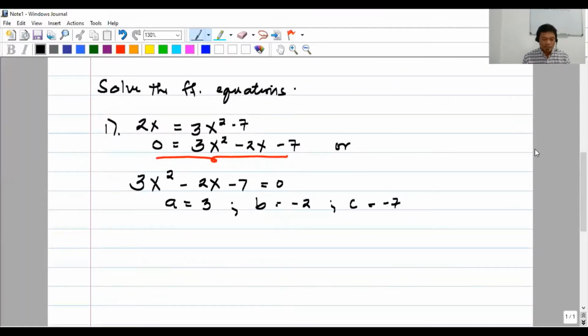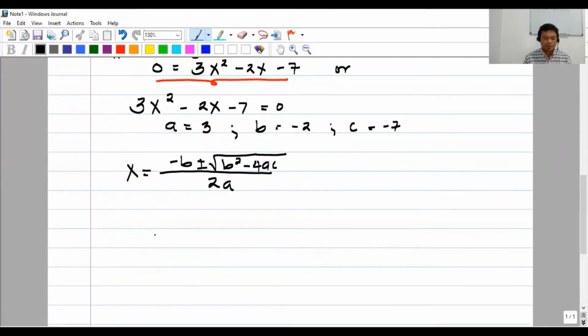Using our quadratic formula, x is equal to negative b plus minus the square root of b squared minus 4ac over 2a.